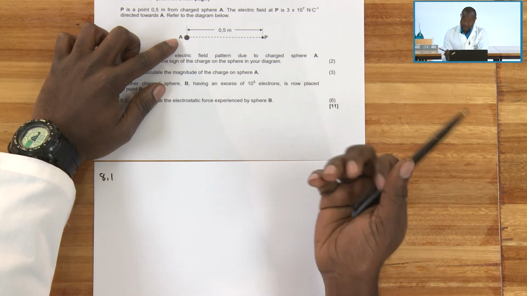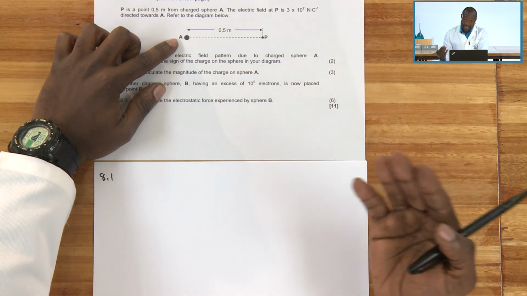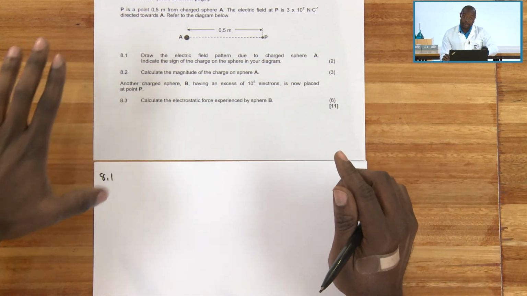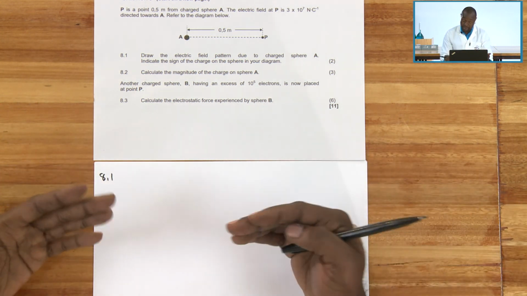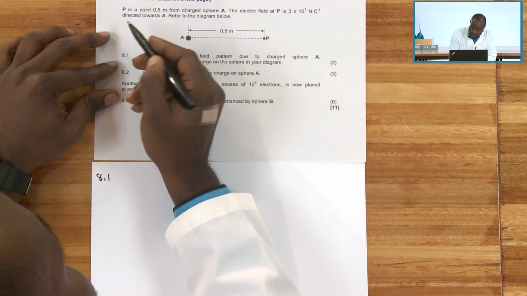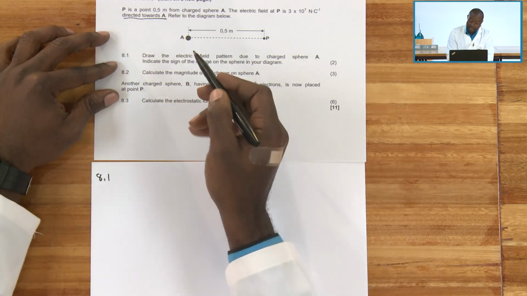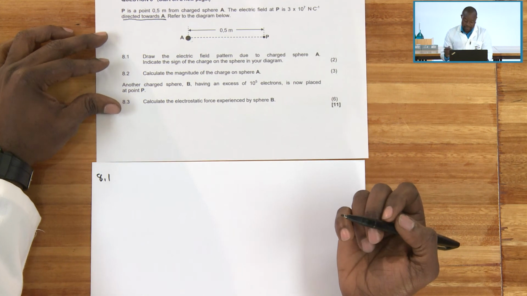If you do remember when we talked about directions of electric fields, if it is a positive charge, the field is going to be moving away from the positive charge. If it is a negative charge, it's moving towards the charge. So this here is what tells us that the charge on A is a negative charge.